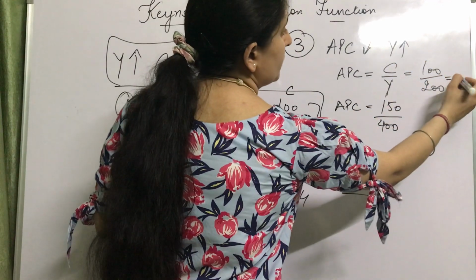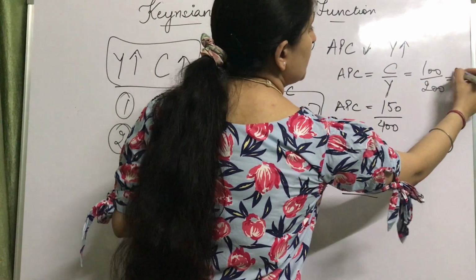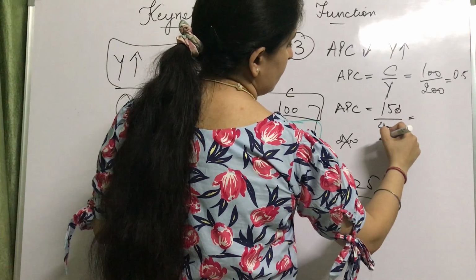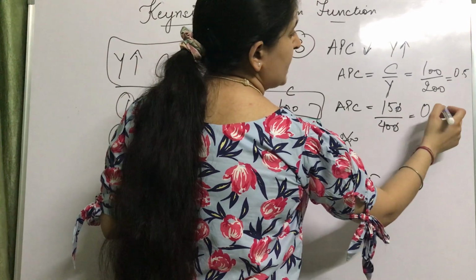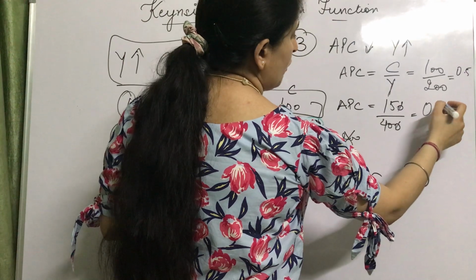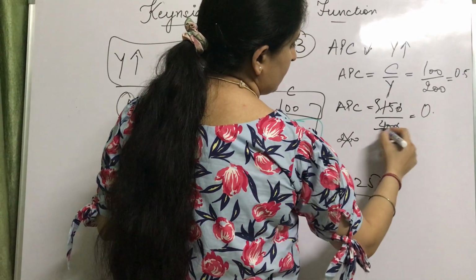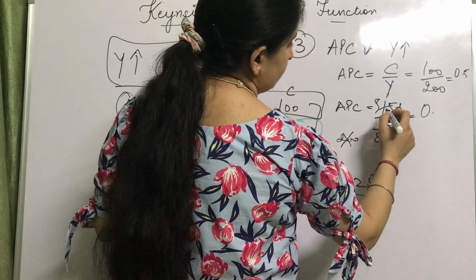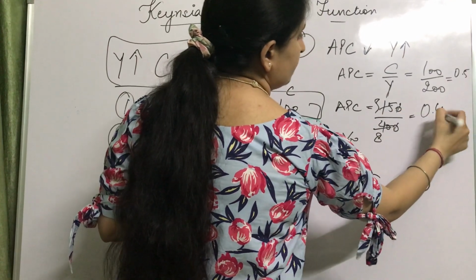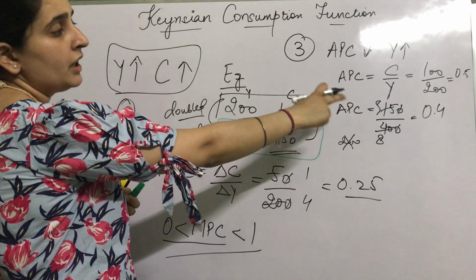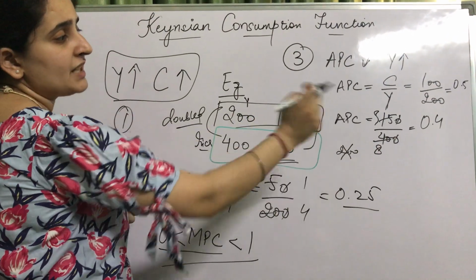It will be around 0.5, and the other will be 0.4 something. It will be coming around 0.4. So what is there? Income increased, my APC is falling.